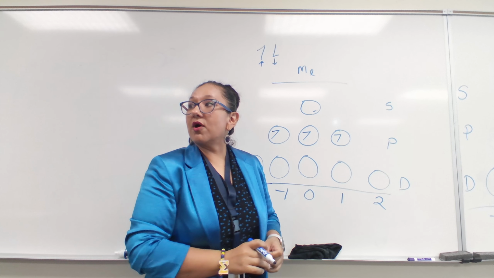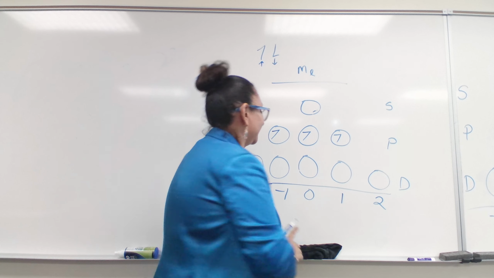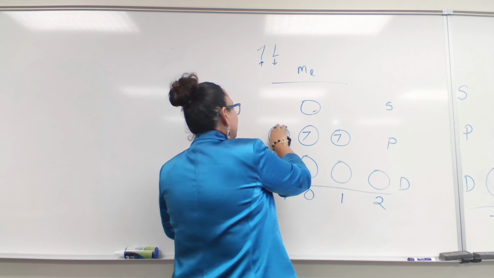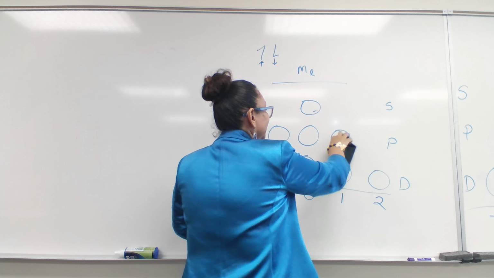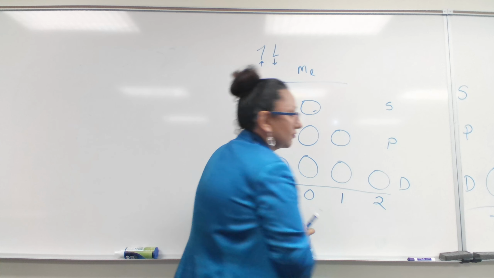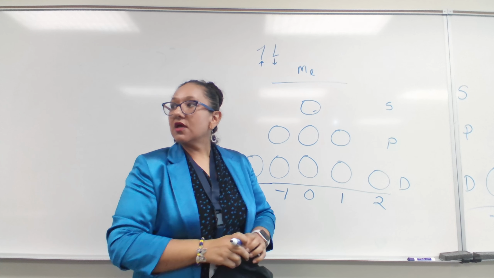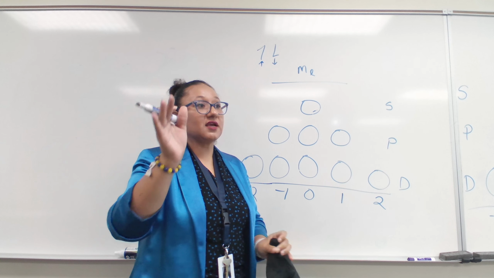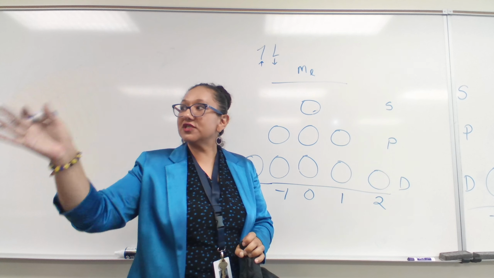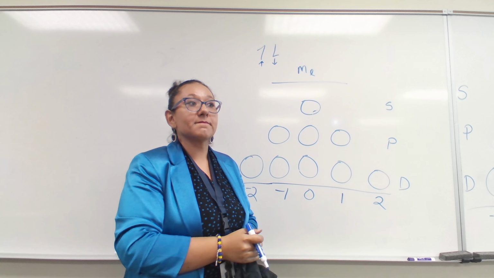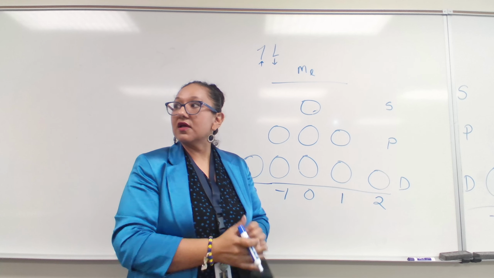Let's do cobalt, atomic number 27. Is that an S, P, or D? That's a D. Counting from the beginning of that D up until you get to cobalt, how many electrons into D is cobalt? 7.